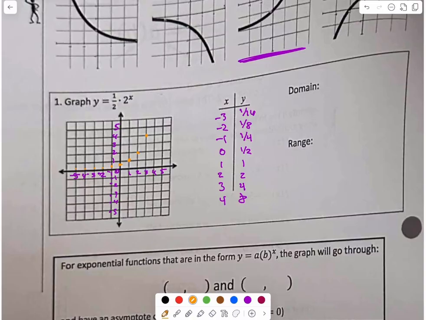So we do have our horizontal asymptote, here y equals 0. We can connect these with a smooth curve.